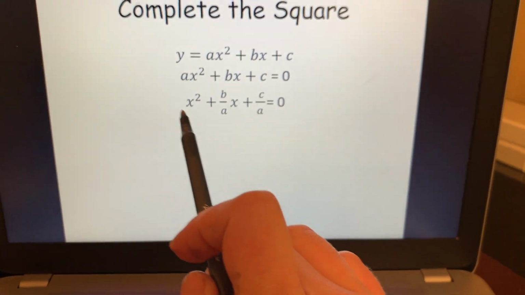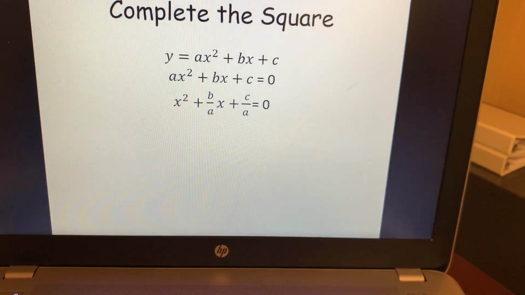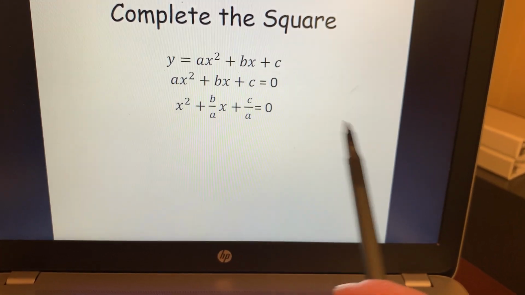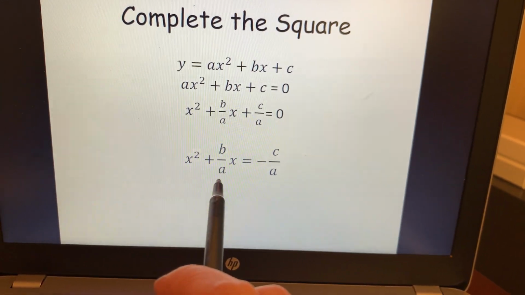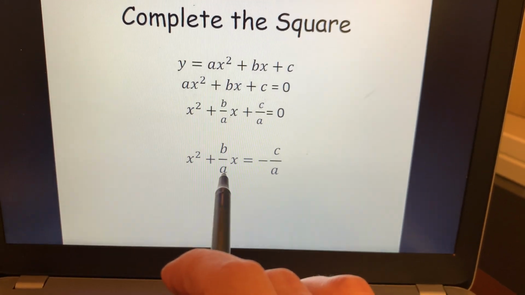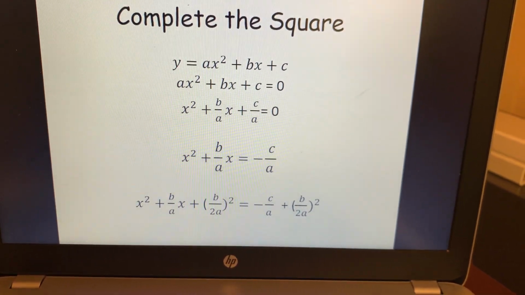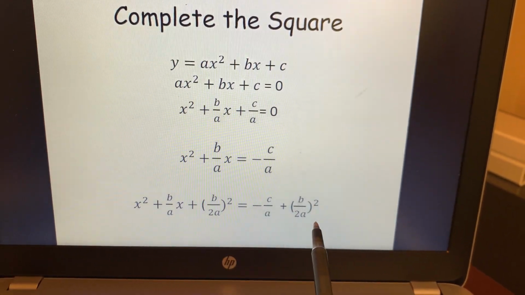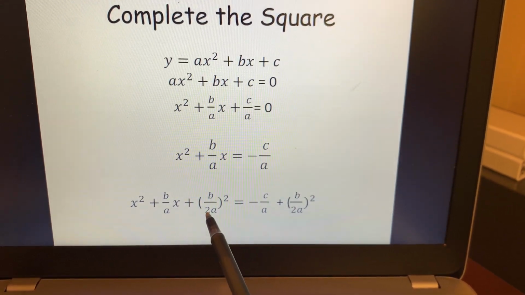So you divide every term by that a or that 2 or whatever it is. Then we say to ourselves that c over a isn't any good, scooch it over. And then we say take our b, divide it in 2 and square it. And then we add it to both sides to keep it balanced. We divide it by 2 or multiply by half. That's why there's a 2 down here.